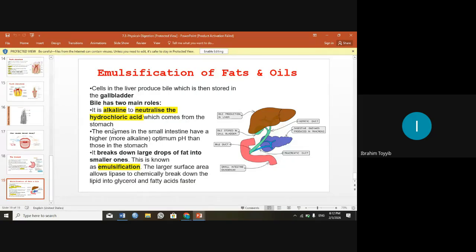I hope you understand that. So from what you have been learning, the enzymes in the small intestine have a higher, more alkaline optimum pH than those in the stomach. The enzymes in the small intestine, that will function in the duodenum, include the pepsin, the pancreatic amylase, and the trypsin.